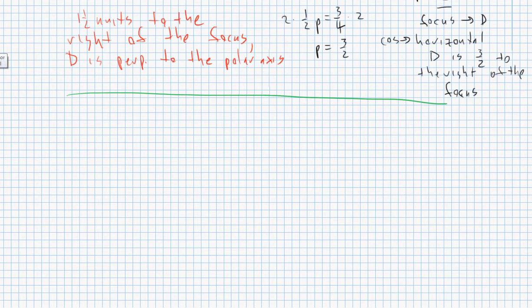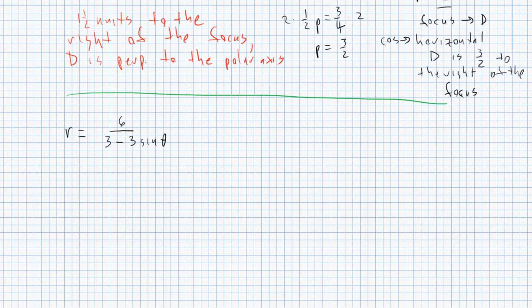Let's say that we had a conic like R is equal to 6 over 3 minus 3 sine theta.